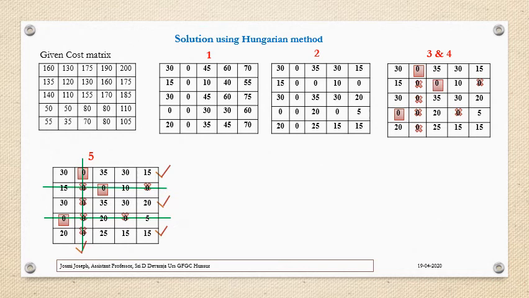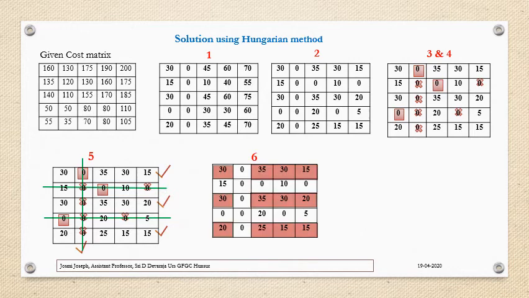Now we have three types of elements. One is elements not covered by any of the lines, that is this one, and of these we find the minimum element, which is 15. The second group is the elements at the intersection of both lines; here these are the two.